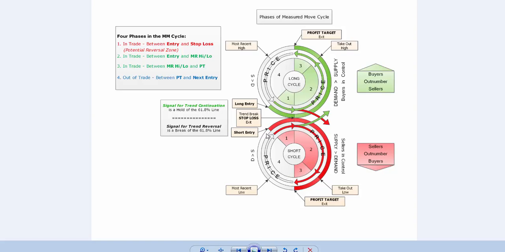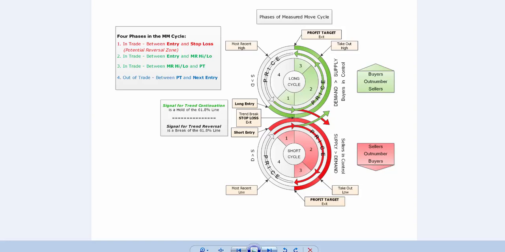At some point, inevitably, there's going to be a short break, and the market changes to where the demand, or the buyers, outnumber the sellers. The market takes out its most recent high, a profit target is hit, and we pull back into the next entry. Then the longs continue over and over again until they fail.